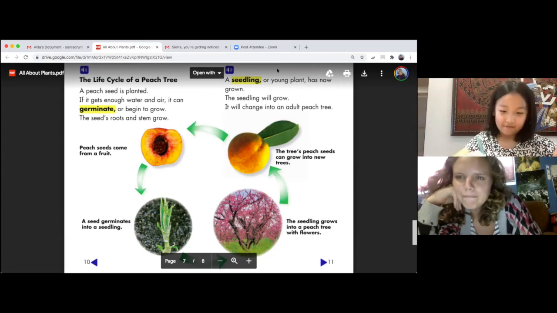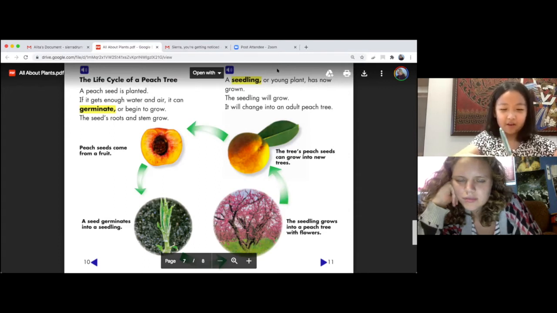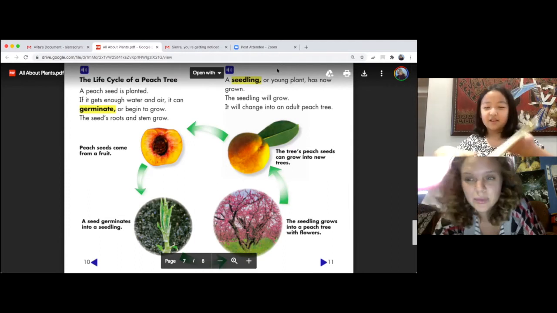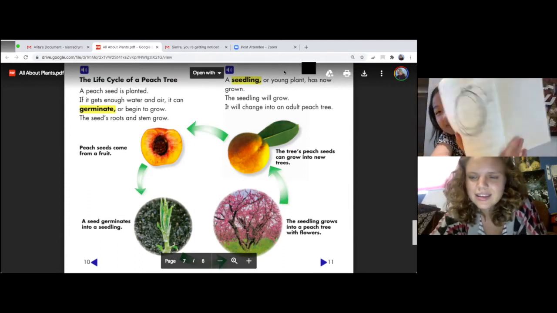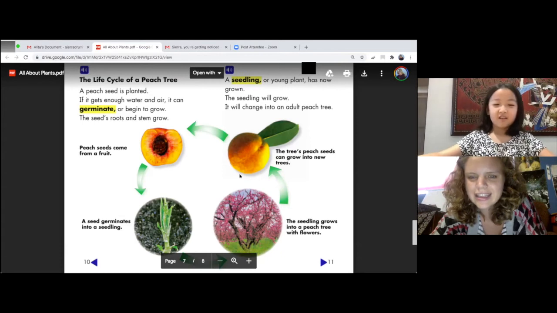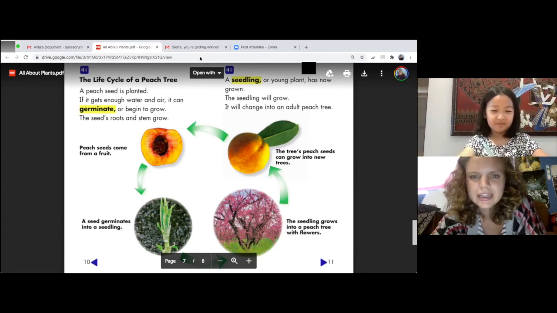And then go to school, get older, and get pregnant. And that life cycle happens again. Yeah, that's right. So that's exactly what happens to a tree.